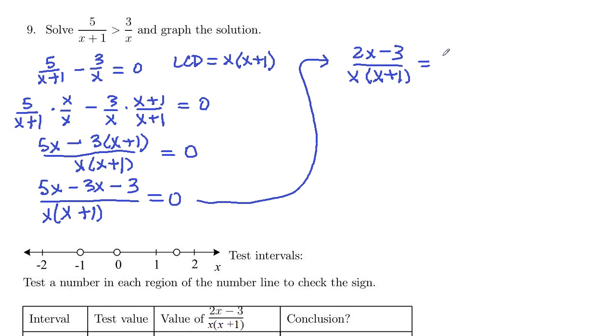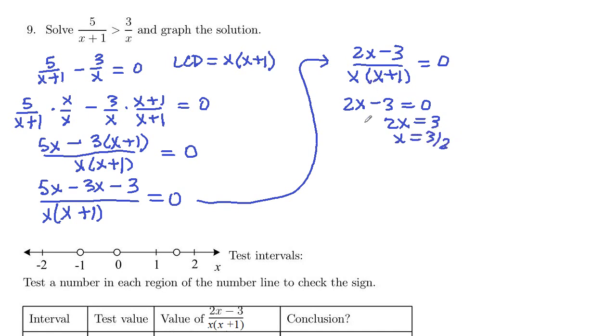And then remember the key numbers you get from setting both numerator and denominator equal to 0. So 2x minus 3 equals 0. Bring the 3 over as a positive, so add 3 to both sides. 2x equals 3. Divide both sides by 2. x equals 3 halves.